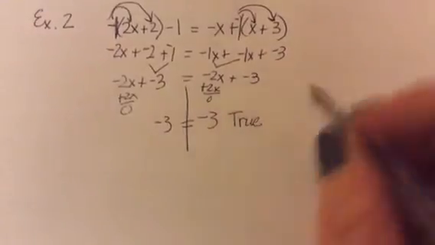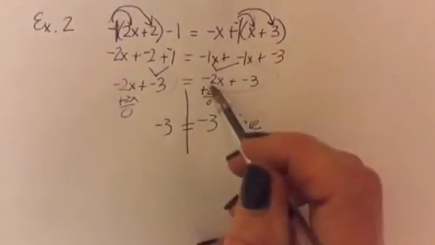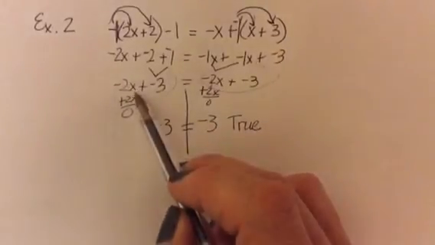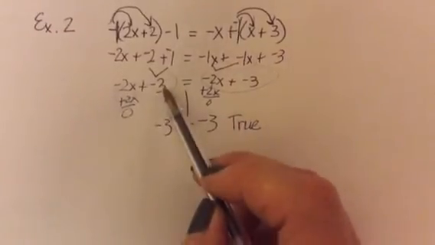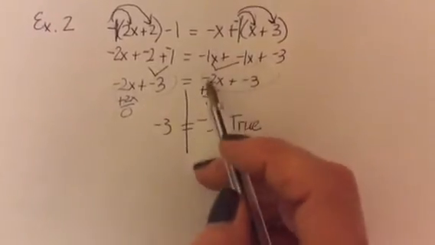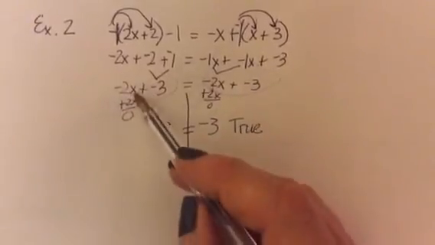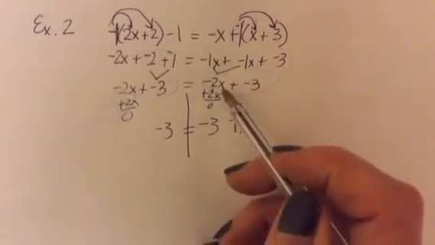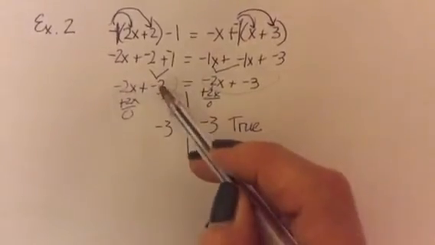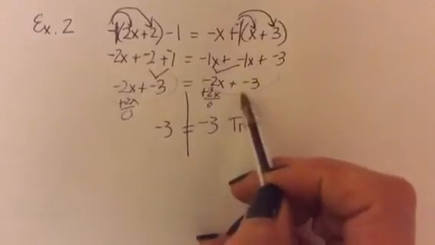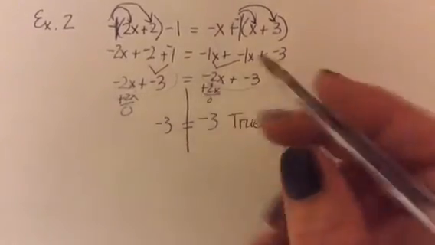Okay? So if you back up to here, if you've got the same thing on both sides of the equation, whatever you put in for x here and multiply it by -2 and add -3, well, if you put that same number over here and multiply it by -2 and add -3, you're going to get the same answer. So it doesn't matter what you put in for x. You could put in 1,000,000, multiply it by -2, add -3, put in 1,000,000 over here, you're going to get the same answer. So any number put in there will work.